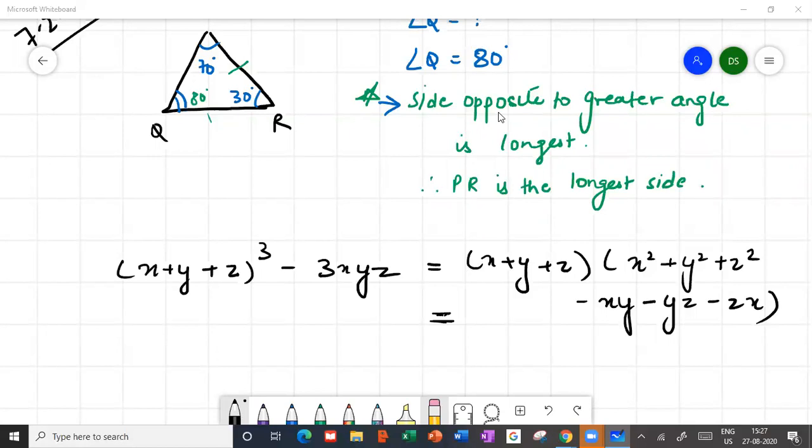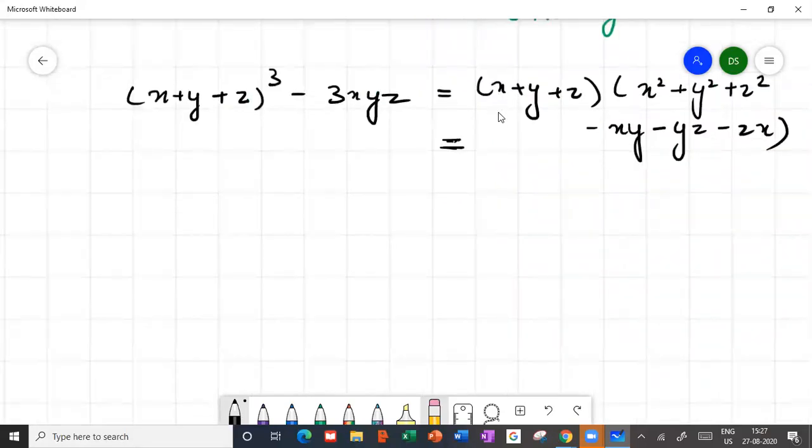No. Simple trick. If I want to introduce any number in an equation, what do you do? Suppose I have x plus y is equal to x minus z.